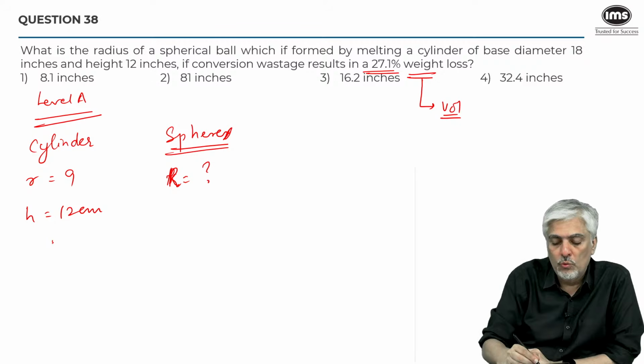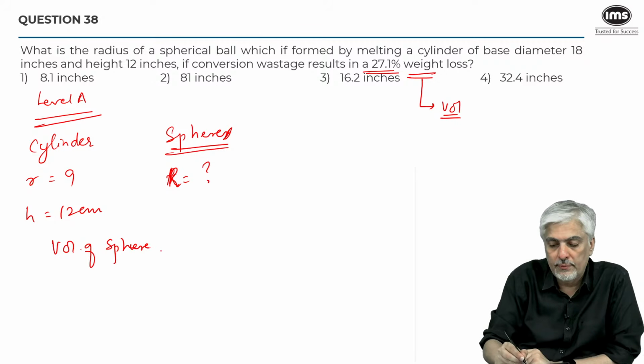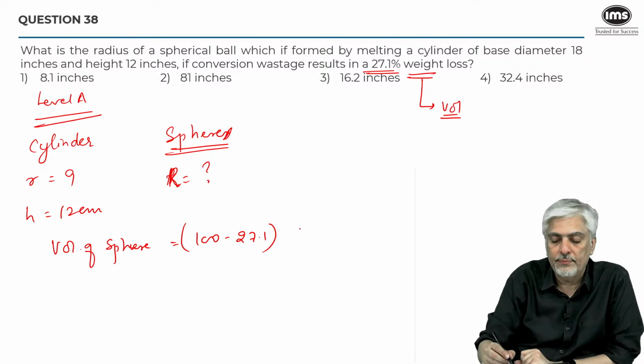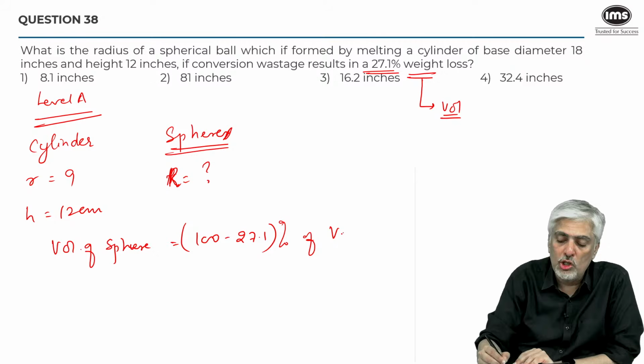Okay. Volume of sphere is 100 minus 27.1% of volume of cylinder.